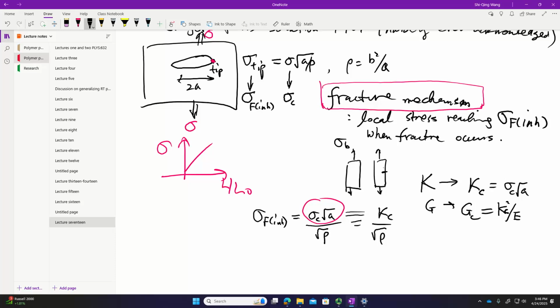But do you see what's surprising here? What do you find? This is your Kc by identification. And therefore what?